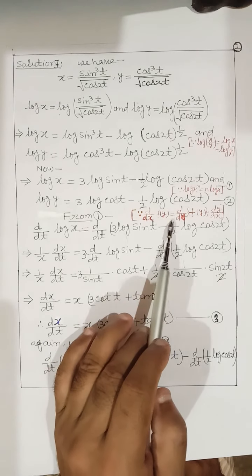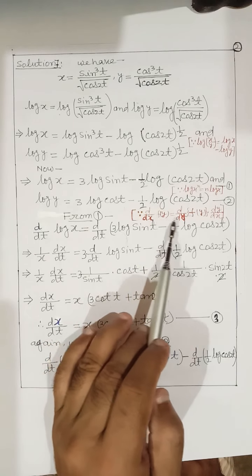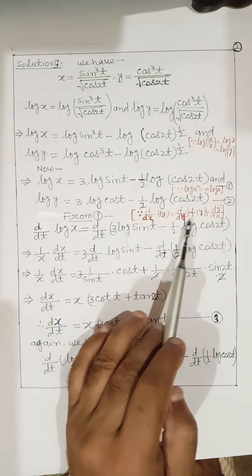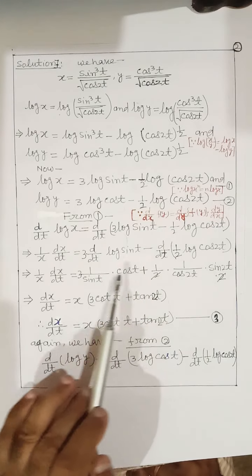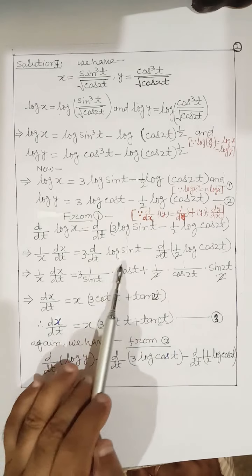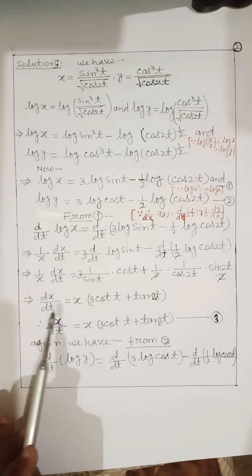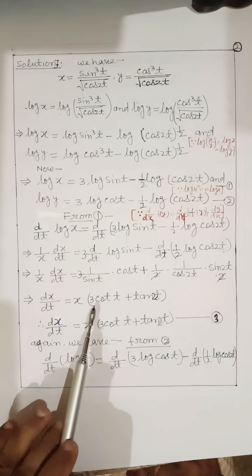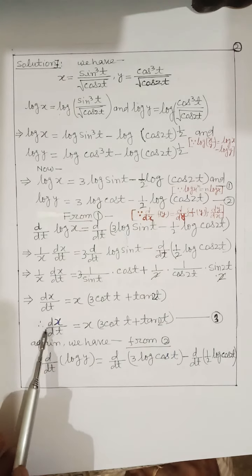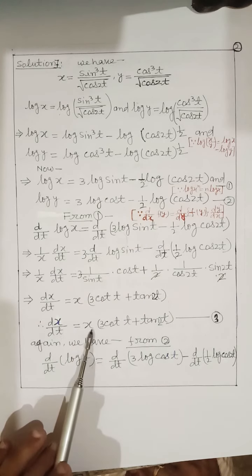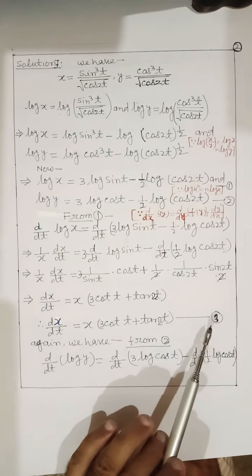Using this concept, d/dx of f(y) = d/dy of f(y) into dy/dx. So solving these, we get dx/dt = x (3 cot t plus tan 2t). This is the third.